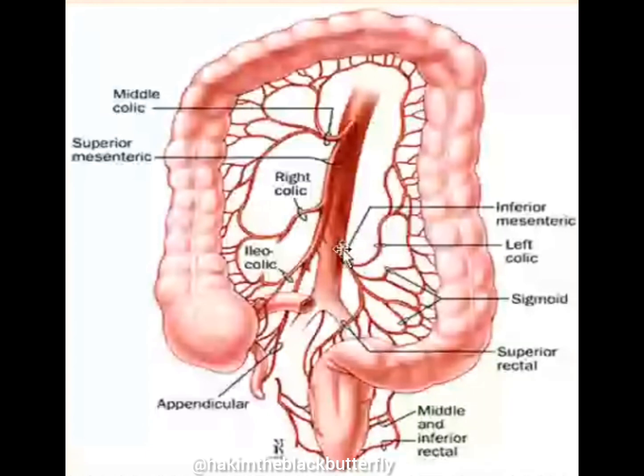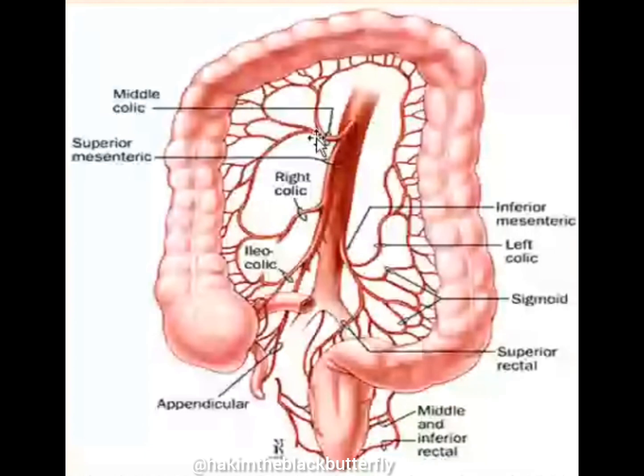The inferior mesenteric artery gives off what we call the left colic artery, which will go and supply the distal third of the transverse colon. So, proximal two-thirds of the transverse colon, middle colic artery. Distal third, left colic artery.